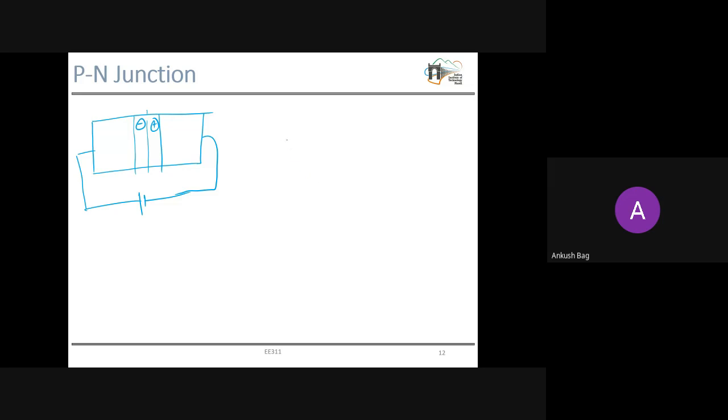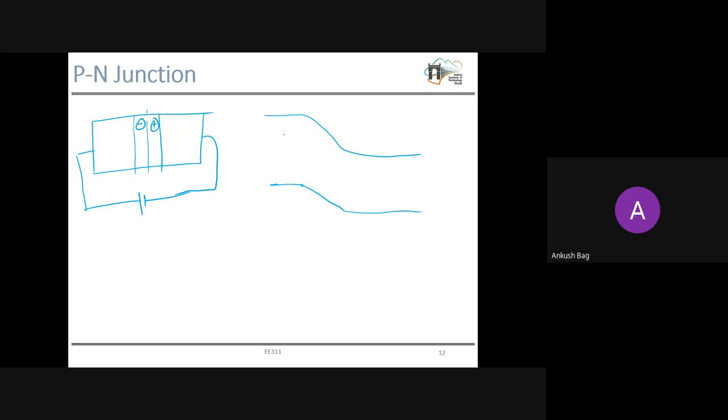Now in this band diagram, I am not drawing the Fermi level, because the Fermi level will no longer be constant, as this is not under thermal equilibrium.